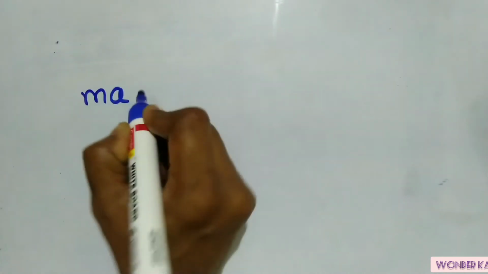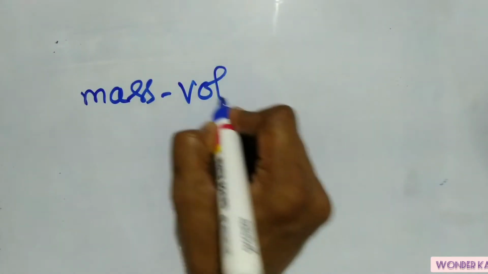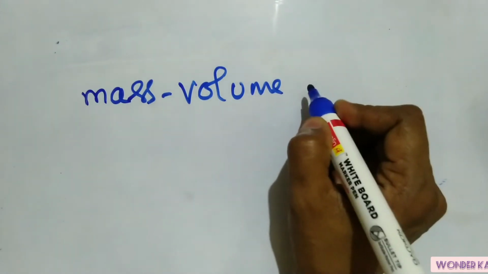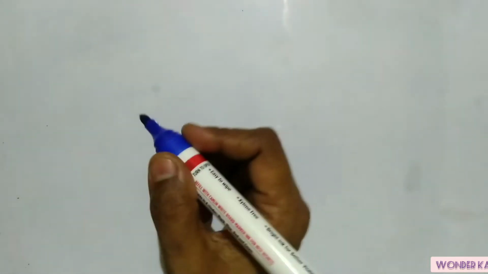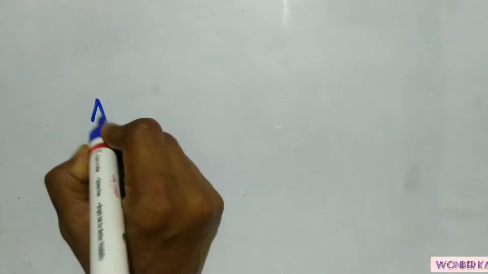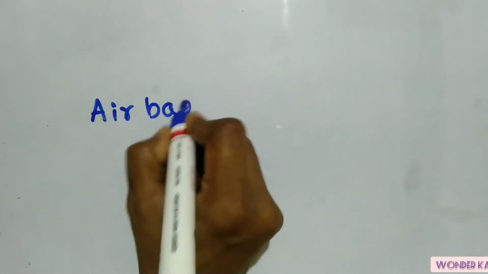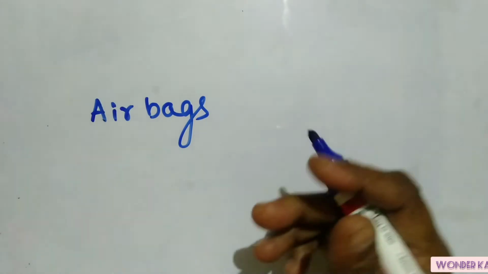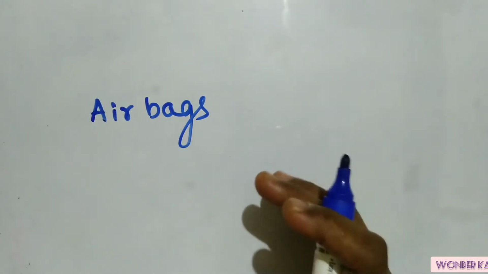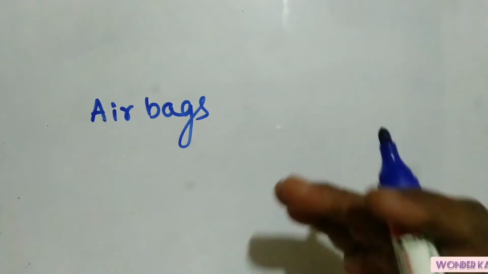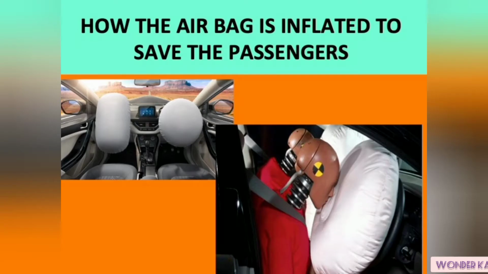Let me tell you an important practical application of this mass volume relationship, which is based on stoichiometry. We have all heard about airbags, isn't it? Airbags are generally kept inside automobiles, and they can protect the passengers' lives during any collision or accident.